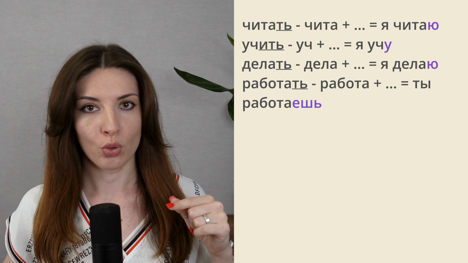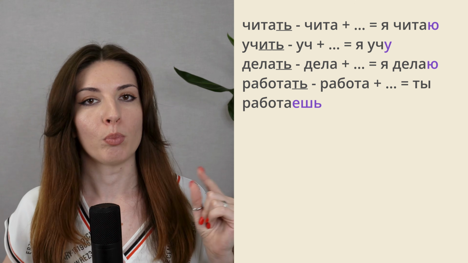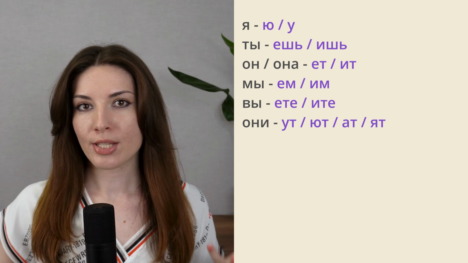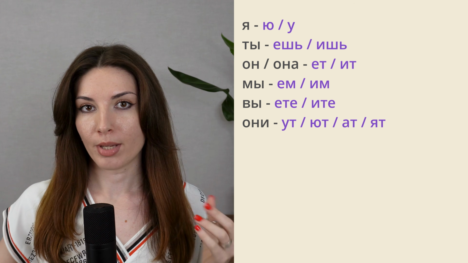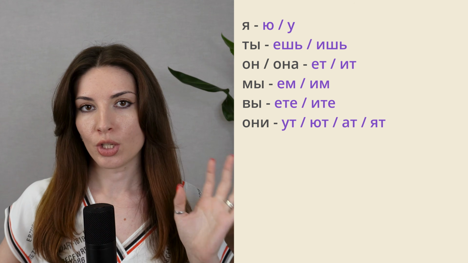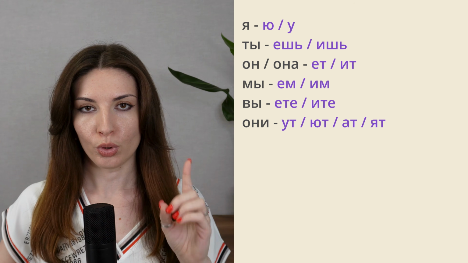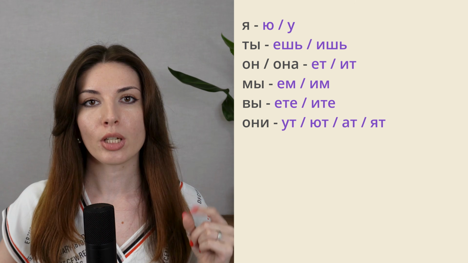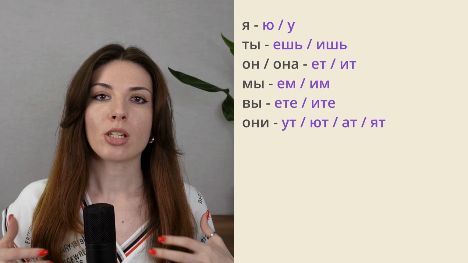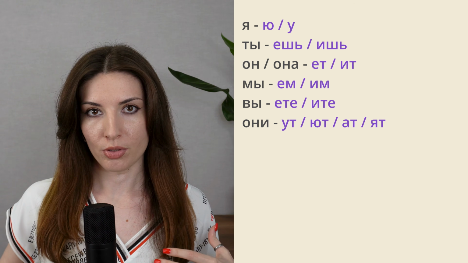Делать, делаю, работать, работаешь. On this screen you can see separately all the endings that you need to memorize. As you can see, the form они has more variations, so two of them, ут, ют, they are for first conjugation, ат, ят, for second conjugation, depending on the softness of a sound.